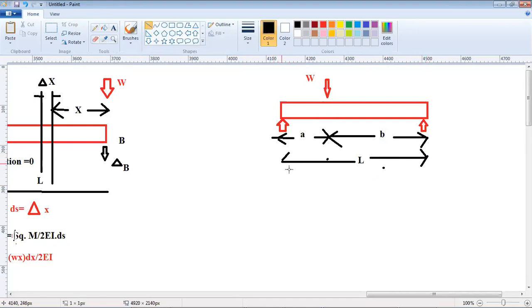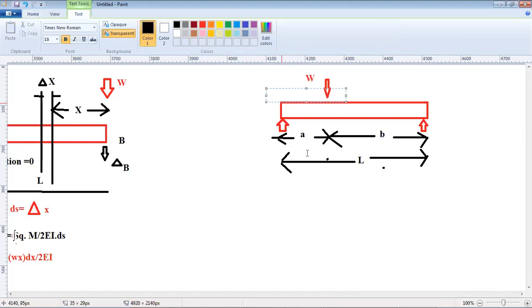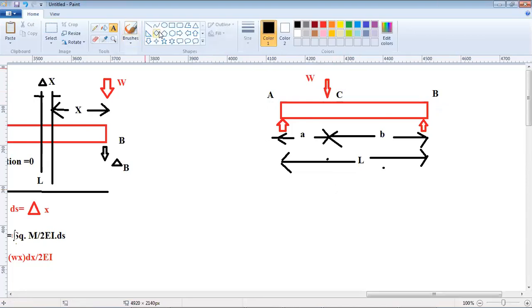This is a simply supported beam wherein you now have to determine the deflection. Where would you be determining the deflection? If this is point A, if this is point B, and under the load W there is point C, you would be determining the deflection at point C, not B. You will be determining the deflection here, delta C, under this load.